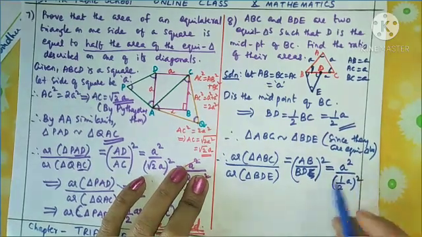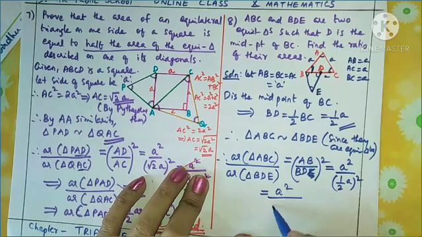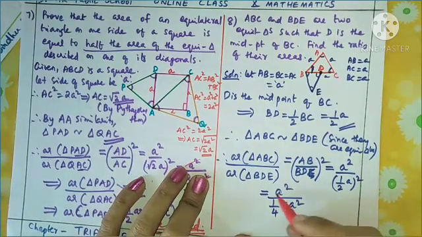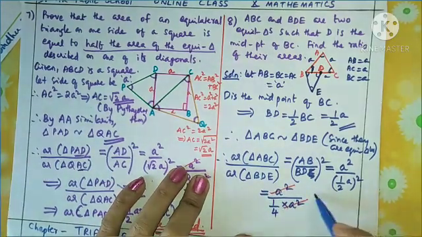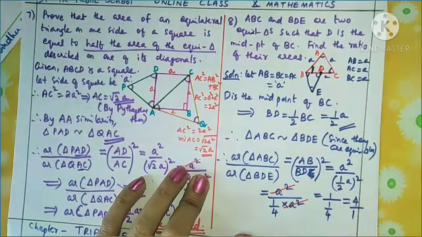Now we need to simplify this. That is equal to A square by half square, which is 1 by 4 into A square, so A square by A square over 4. Now A square and A square you can cancel. So that is equal to numerator 1 by 1 by 4. What is 1 by 1 by 4? Reciprocal, that is 4 by 1.